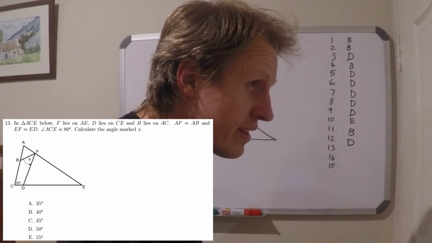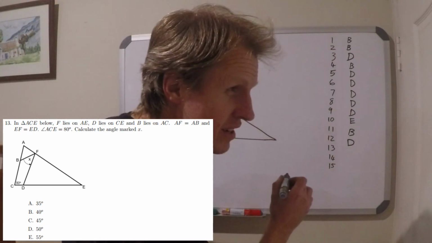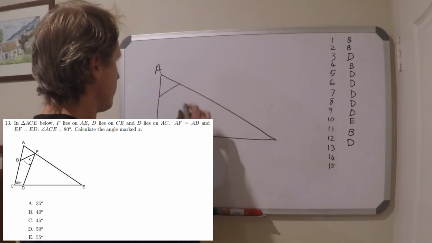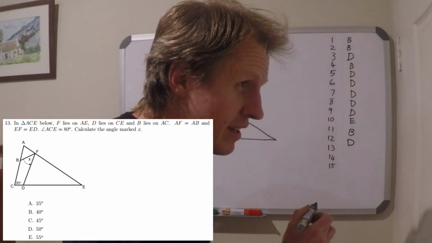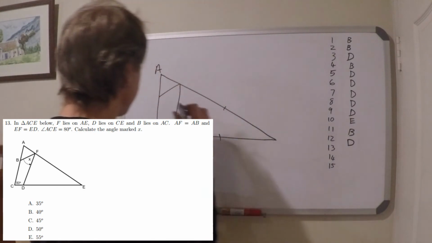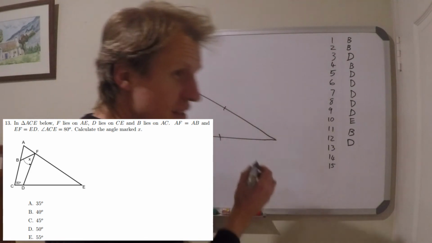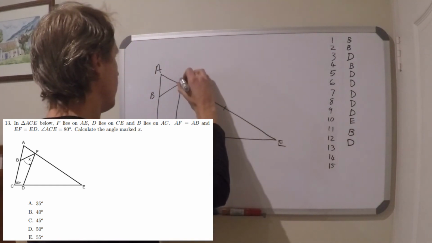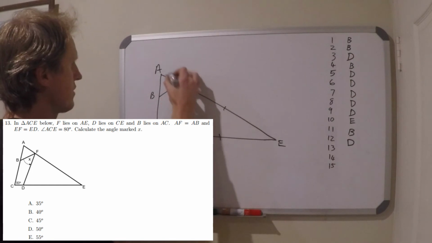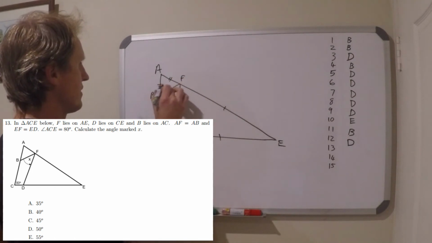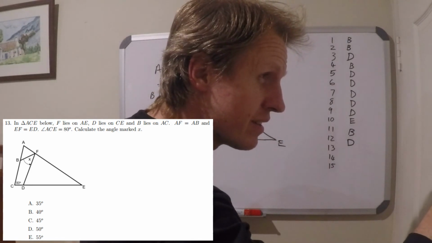Okay, so let's say A, B, C, D, E, F. They've said that these sides are equal: AF equals AB, and DE equals EF, EF equals ED.